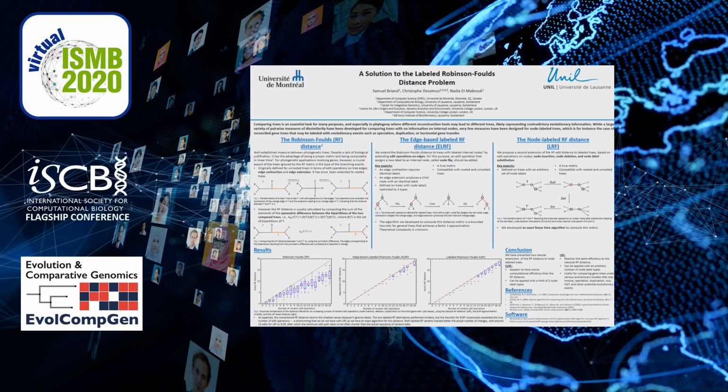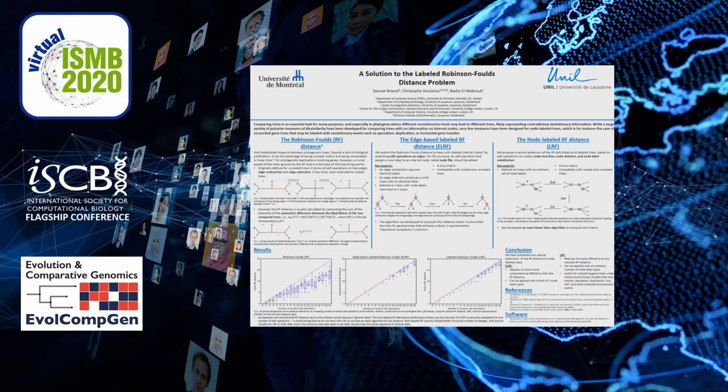This distance has a particularity to be defined on trees with an arbitrary set of node labels. Moreover, like RF and ELRF, it is a true metric and is defined for rooted and unrooted trees. To compute this metric, we developed an exact linear time algorithm.